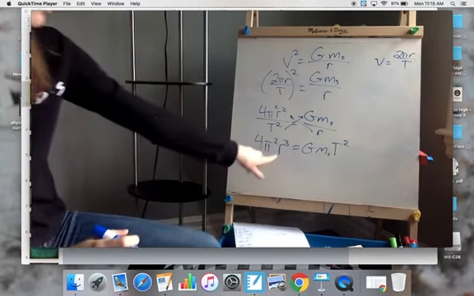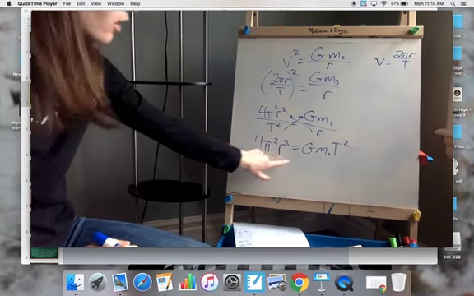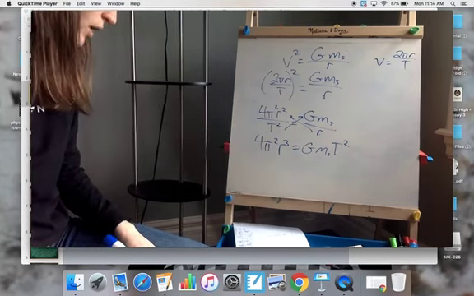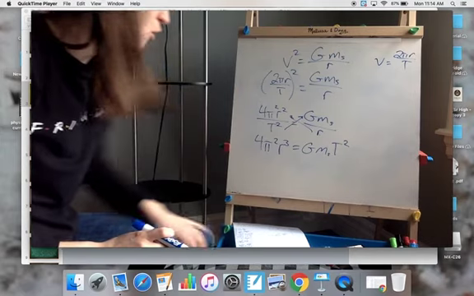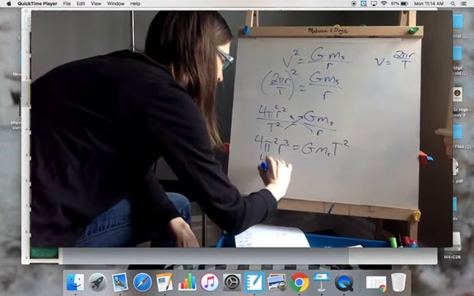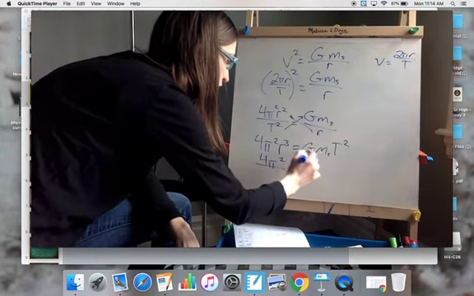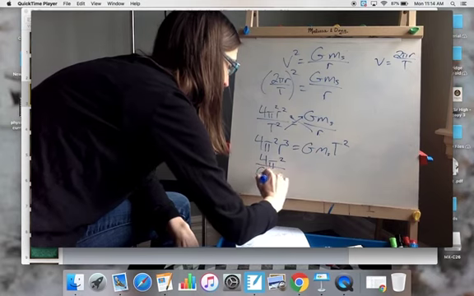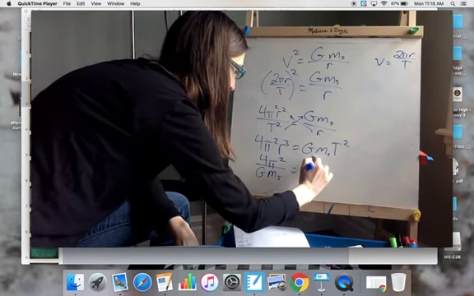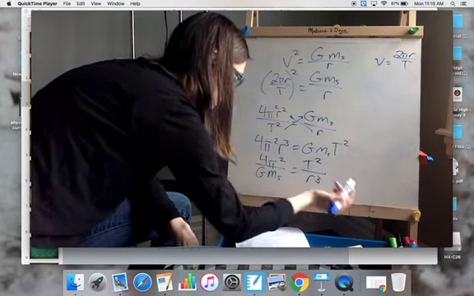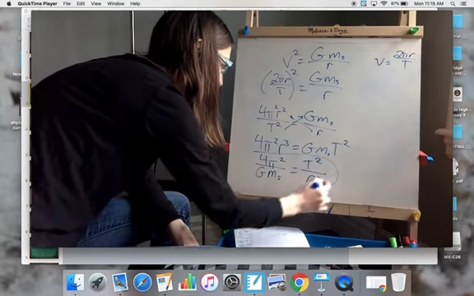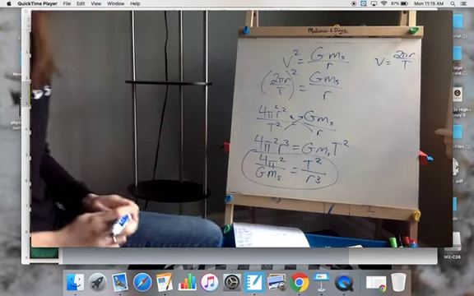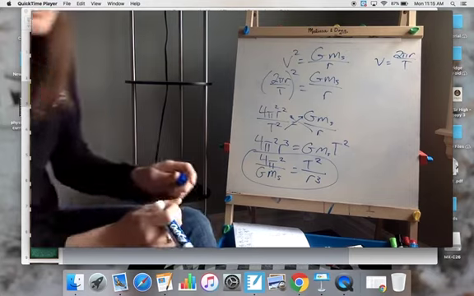Again, Kepler's third law relates this r cubed with this T squared. So if I bring the r cubed over to that side, we end up with 4 pi squared divided by G m_s equal to T squared over r cubed. And that's that nice little formula you saw on the slide. That's where it's coming from.